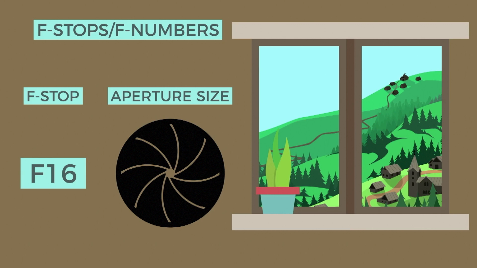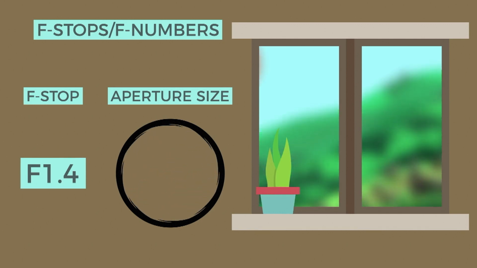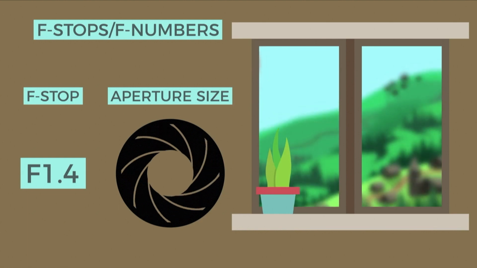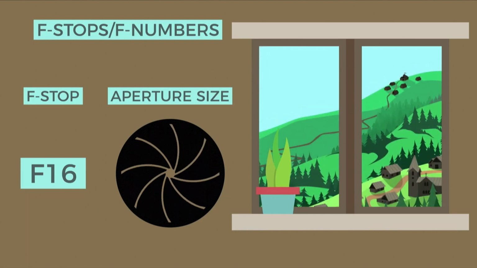Aside from controlling the amount of light entering the camera, the f-stop or the aperture or the iris or the diaphragm, all of those mean the same thing, has a considerable difference on how the picture is perceived. That is, the depth of field, the area of the picture that appears sharp.